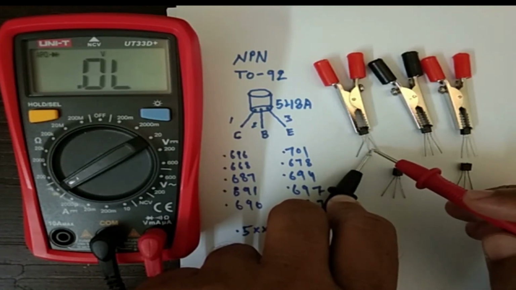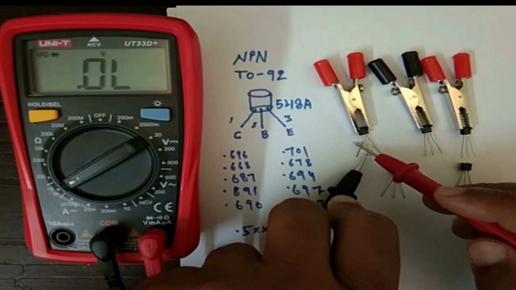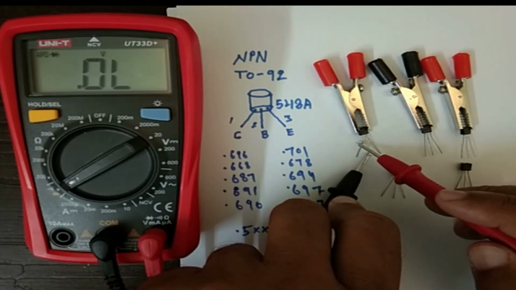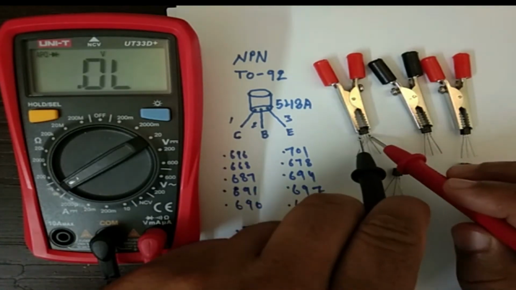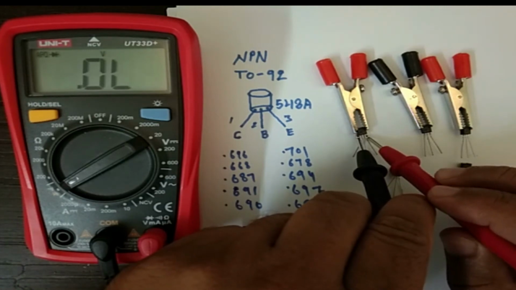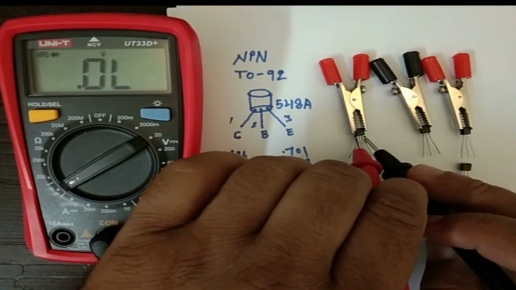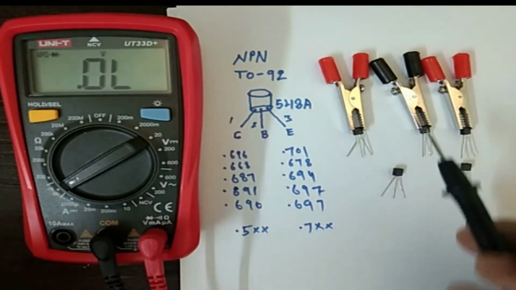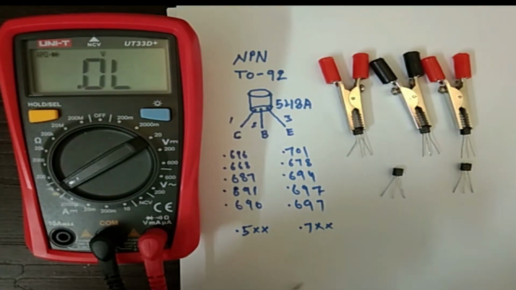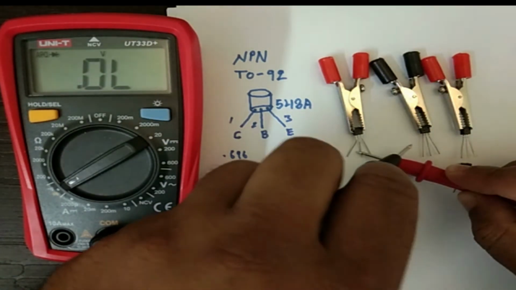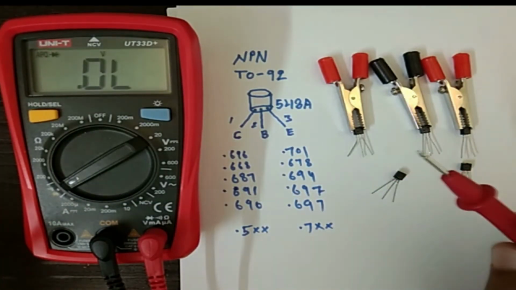Black lead we put in the middle base, and red we are measuring at the collector and emitter, so it is showing open. Now we check the emitter and collector value, it is also showing open. Now we exchange the leads, check, it is also showing open. So in all conditions the transistor will show the open value. Only in this condition, black lead at the collector and emitter, it will show some value. So you can say good condition, working condition.